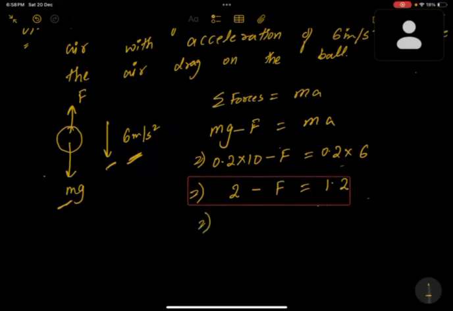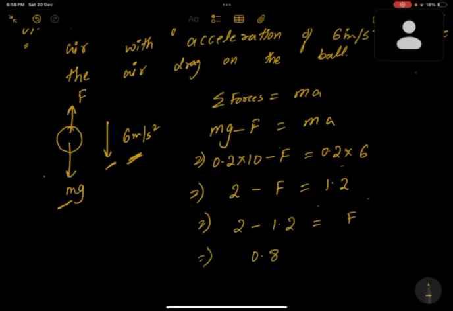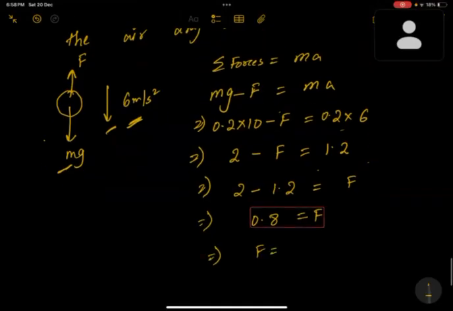So now I will take 1.2 on the left side and f on the right side. 2 minus 1.2 is equal to f. So 2 minus 1.2 is 0.8, equal to f. So now you can write it as f is equal to 0.8 Newton. So this is our answer.